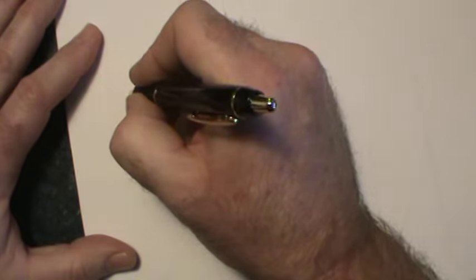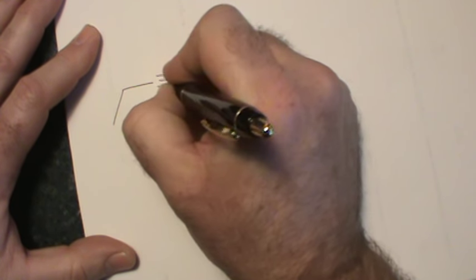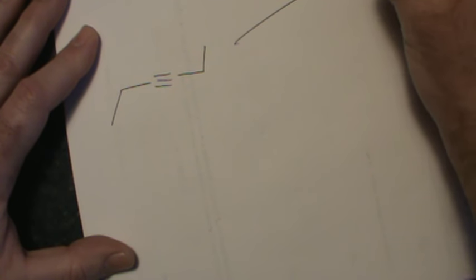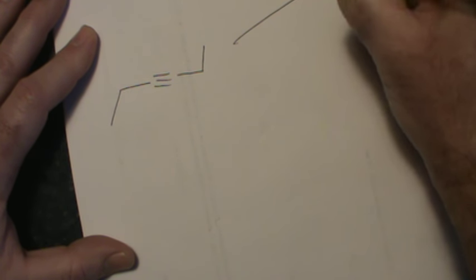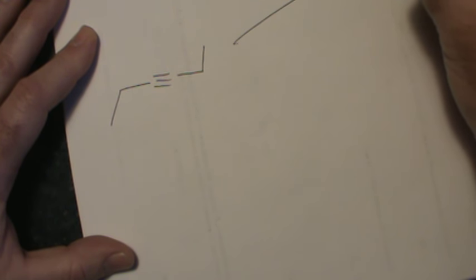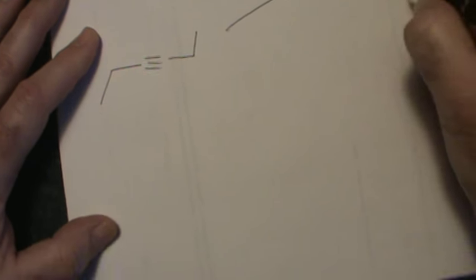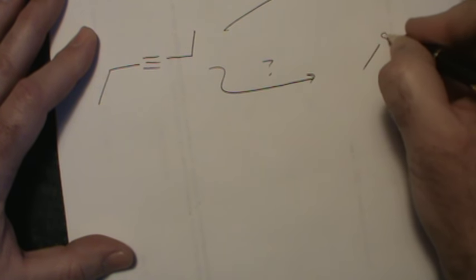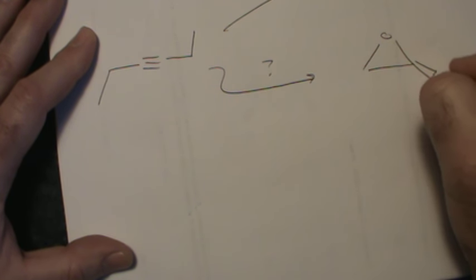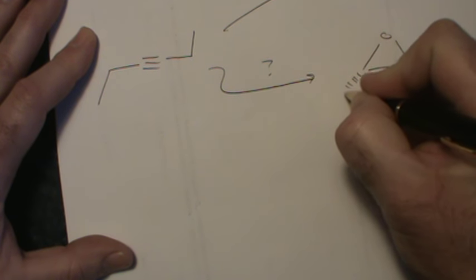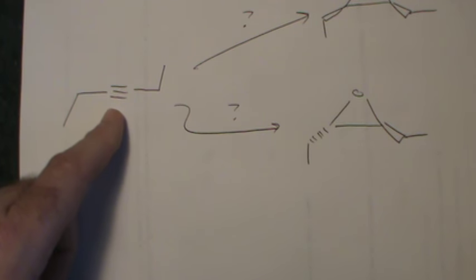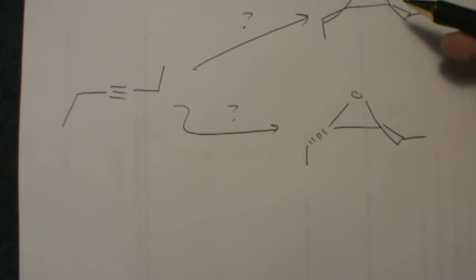Let's look at another synthesis problem. Actually, this is going to be 2 problems. So what I want to do is convert this alkyne into an epoxide or an oxirane.